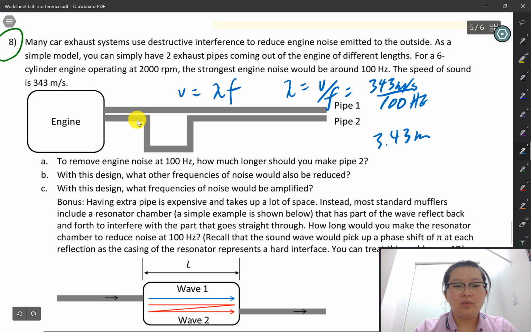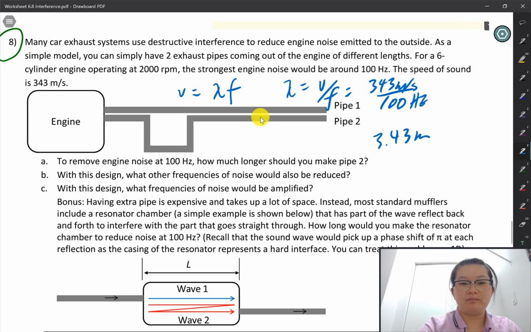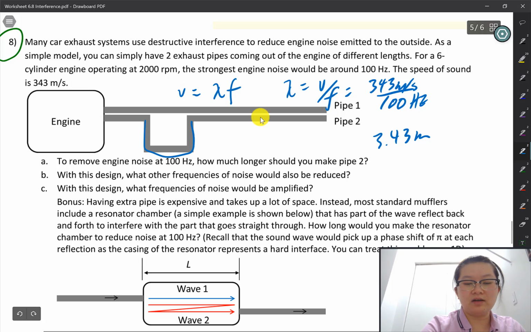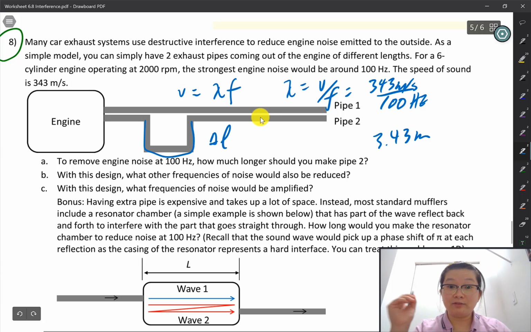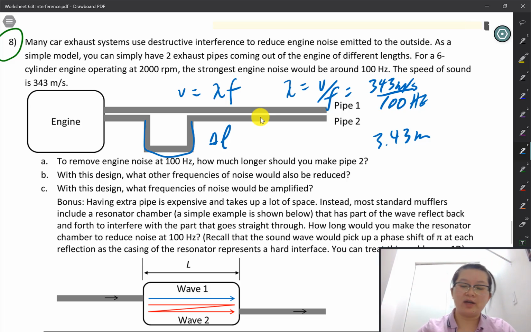So we want pipe 2 to be a bit longer, and this extra piece will be our path difference between the wave traveling through pipe 1 versus pipe 2. We want destructive interference, so the path difference has to be a half number of wavelengths. Now, because we're making a car, we don't want to spend a lot of resources on building pipes and we want to reduce space.